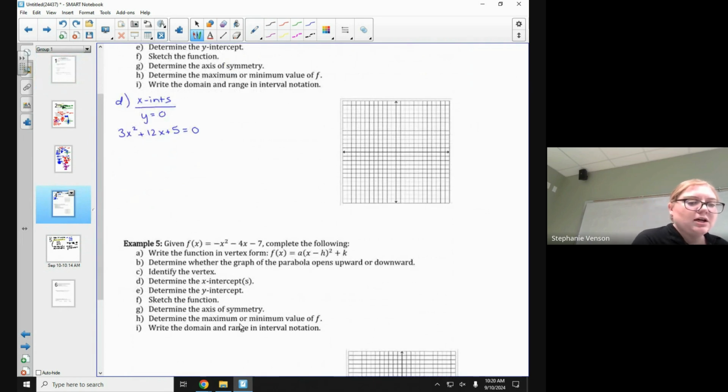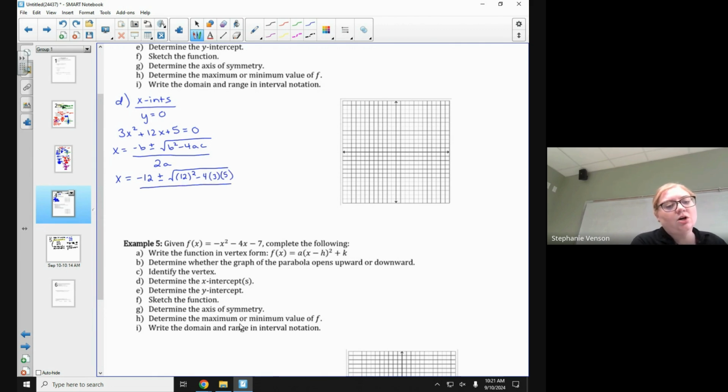But it is x equals -b plus or minus the square root of b squared minus 4ac all over 2a. Okay, so x equals, that would be -12 plus or minus the square root of 12 squared, which is b squared, minus 4 times a, which is 3, times c, which is 5. And that's all over 2 times a.